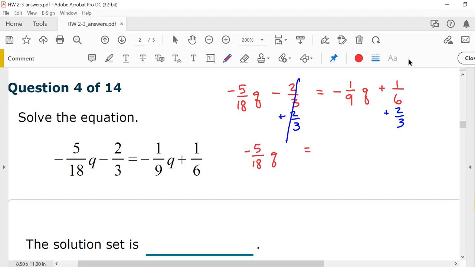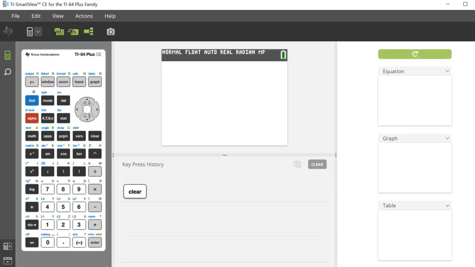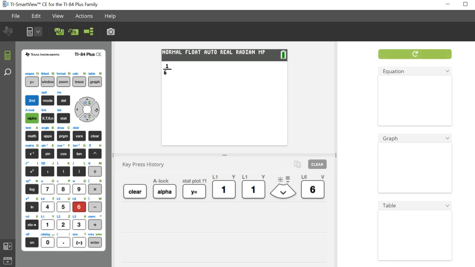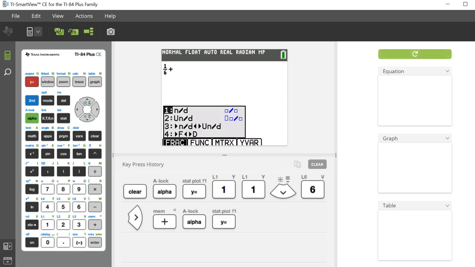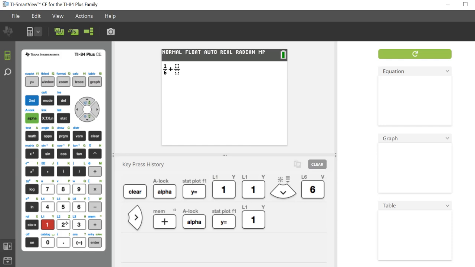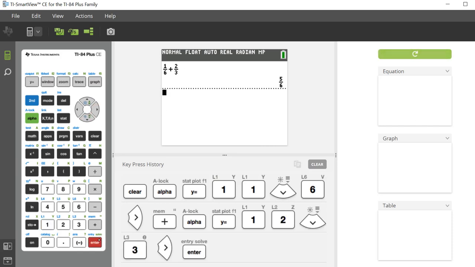On the right, I have negative 1/9 q plus 1/6 plus 2/3. I have 1/6 plus 2/3. And I get 5/6.